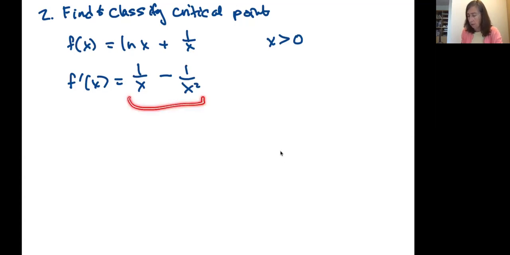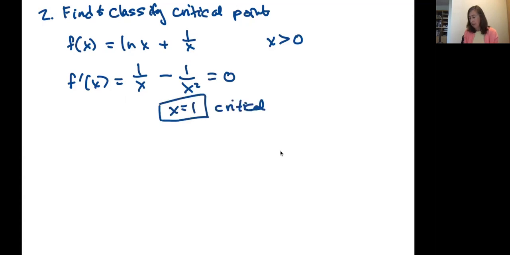This is my first derivative, setting it equal to 0 and solving. To some extent, you can just look at it and see that x equals 1 solves it, or you could bring the negative 1 over x squared over to one side and multiply through by x squared. Either way, we've got one critical point here.